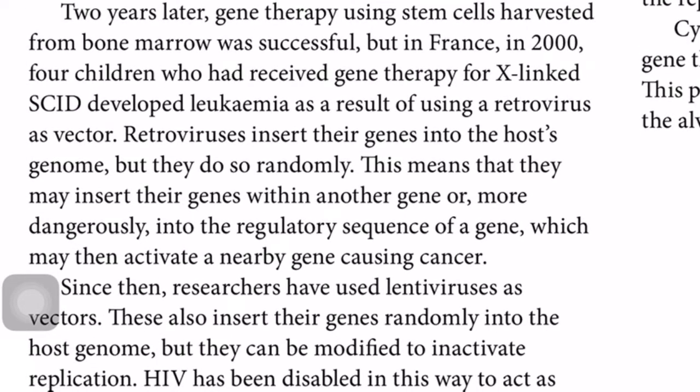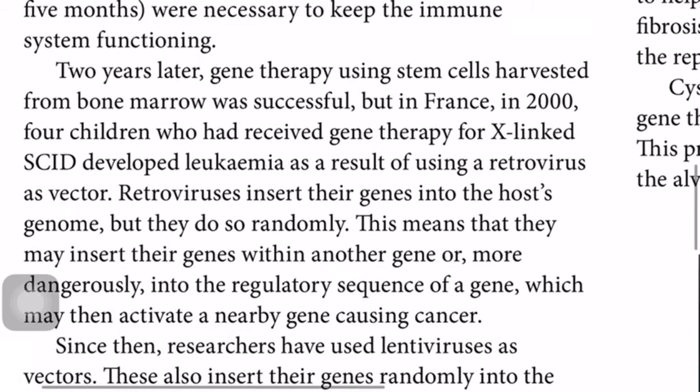Okay, 2 years later, gene therapy using stem cells harvested from bone marrow was successful. But in France, in 2000, 4 children who had received gene therapy for X-linked SCID developed leukemia as a result of using retroviruses as a vector.